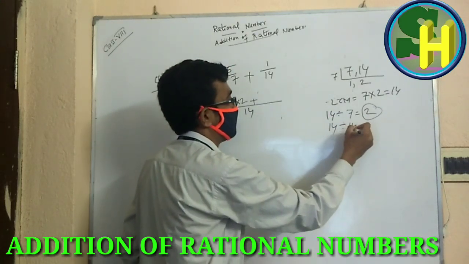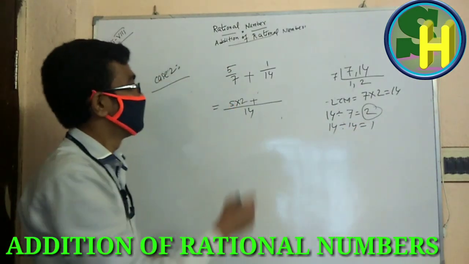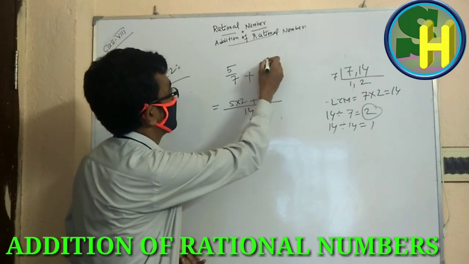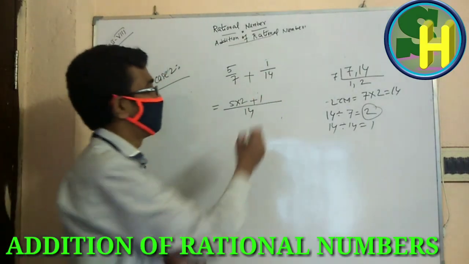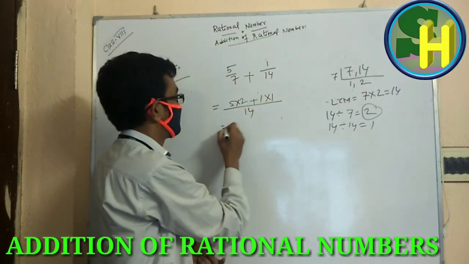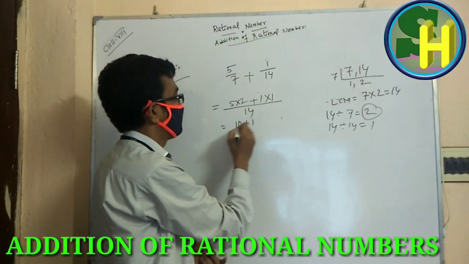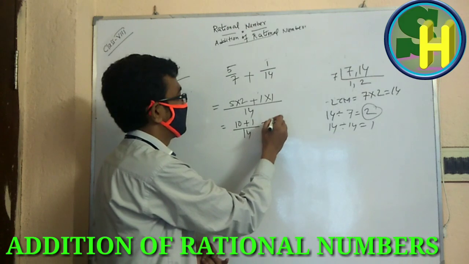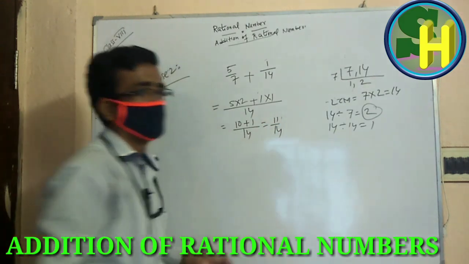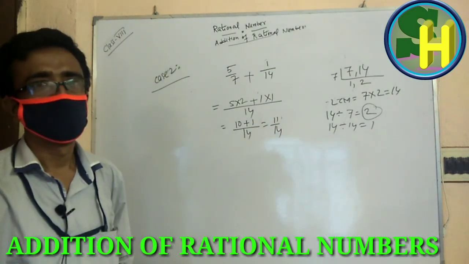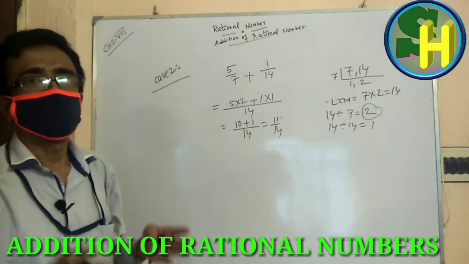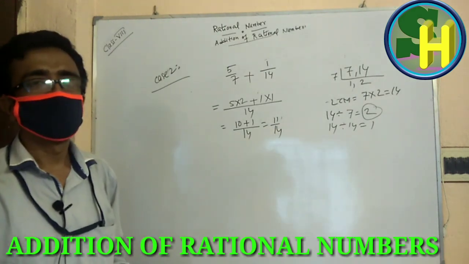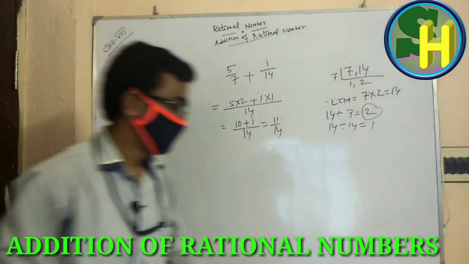Here the denominator is 14, so that is 1. So 1 multiplied by 1, that is 10 plus 1, over 14, that is 11 by 14. In this way you can add rational numbers having unequal denominators.